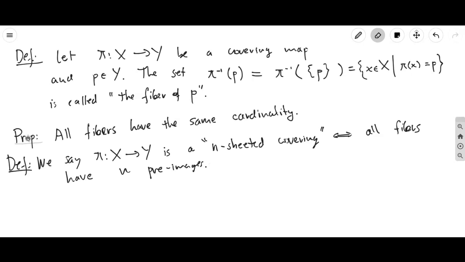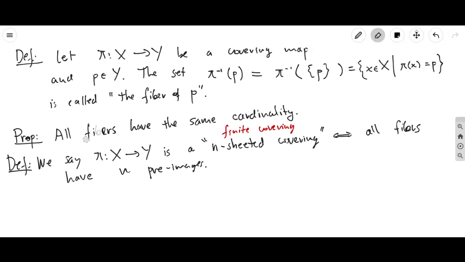So based on this proposition, you only have to check a single point. You do not have to check all of them. And if at a single point you have n preimages, then all of the points have n preimages, and then you call this a finite covering. You can also call this a finite covering. But by saying n-sheeted, you're being a little bit more specific about how many preimages you have.